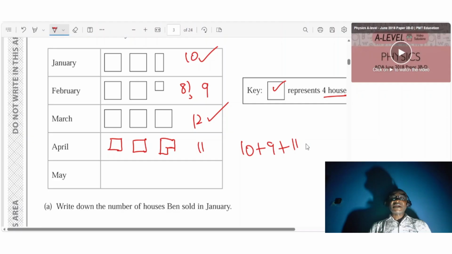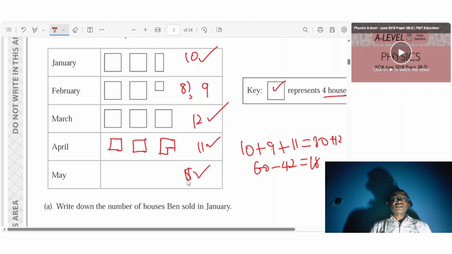Okay, so that is going 42. If you add these ones, this is 20, 30. Oh, this one is 12. I didn't add 12. Then plus 12, so that will give us a total of 42. So you subtract 42, and that will give you how many? 18. 18 was sold in May.